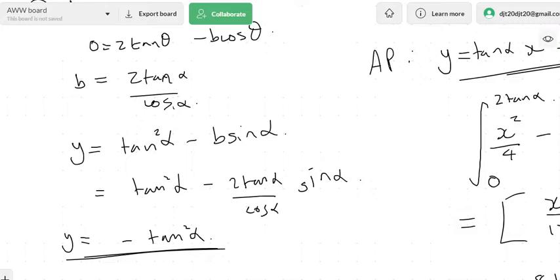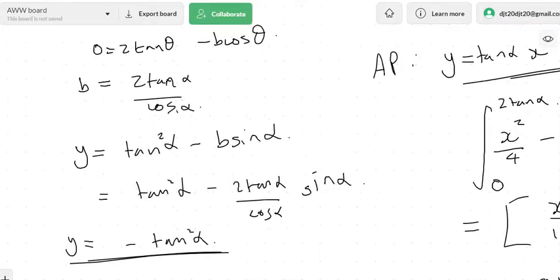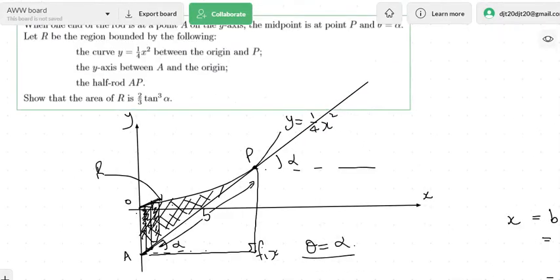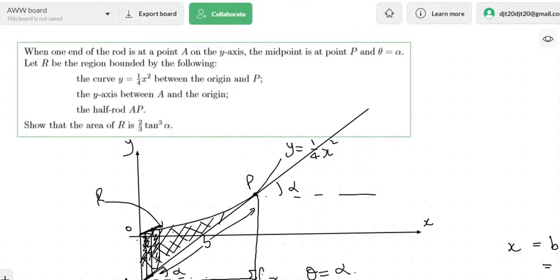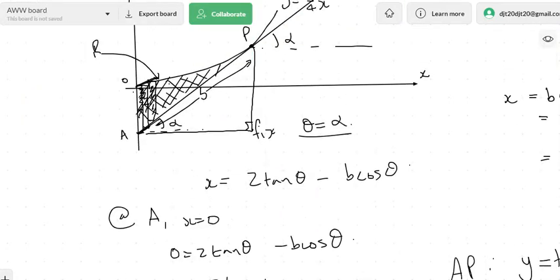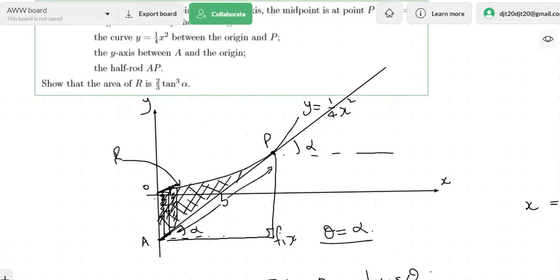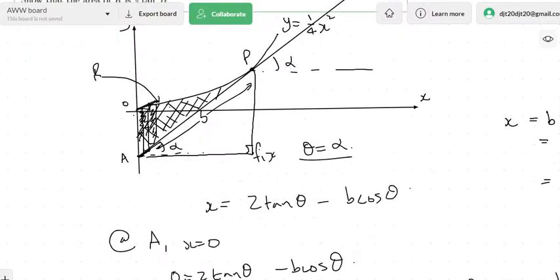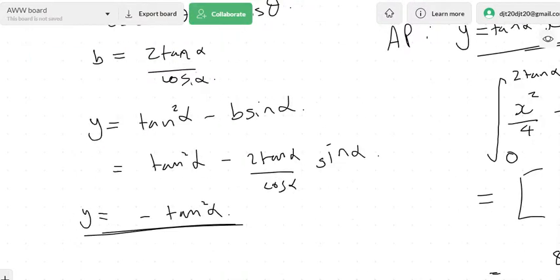The reason we want b in terms of alpha is that the answer doesn't have a b in, so we've got to get rid of b. If the answer had a b in, we might put alpha in terms of b. But in this case, we put b in terms of alpha to get rid of b.